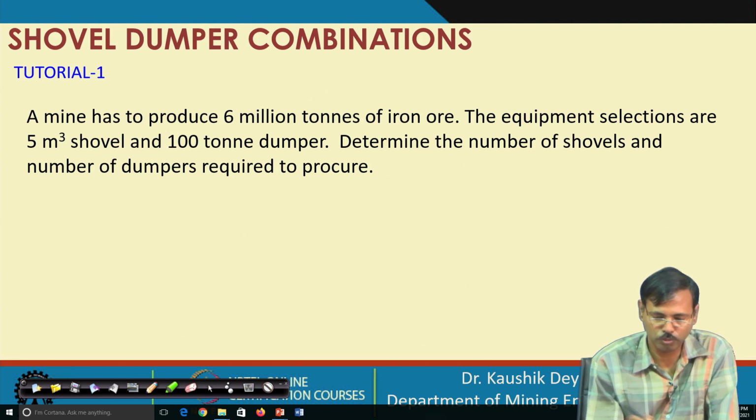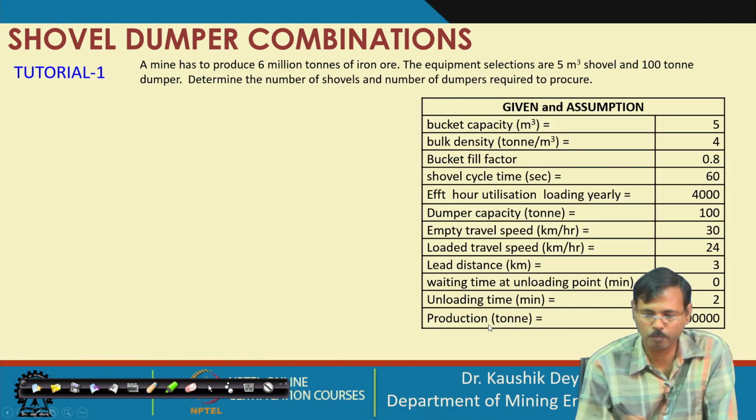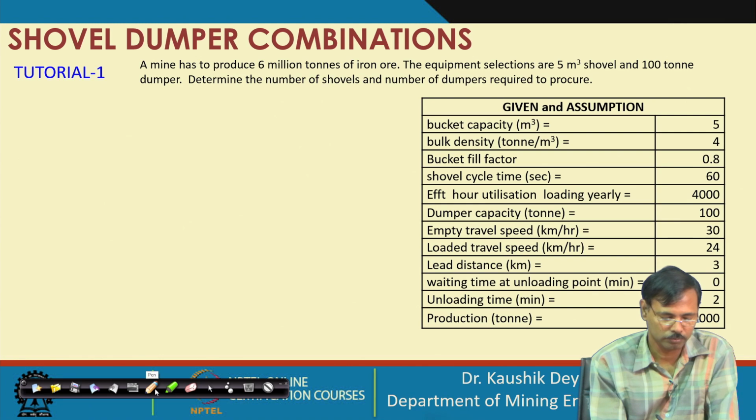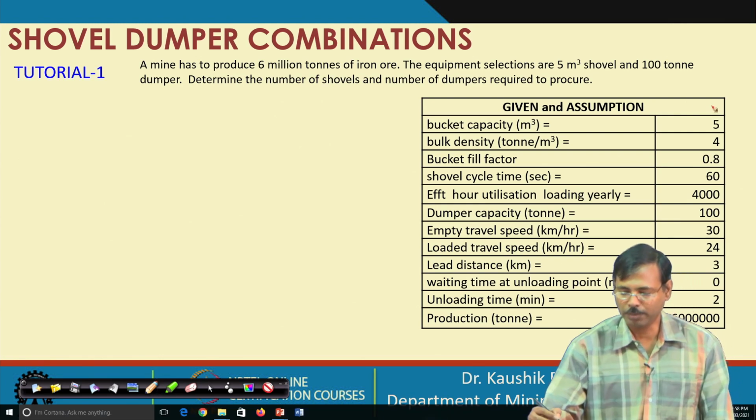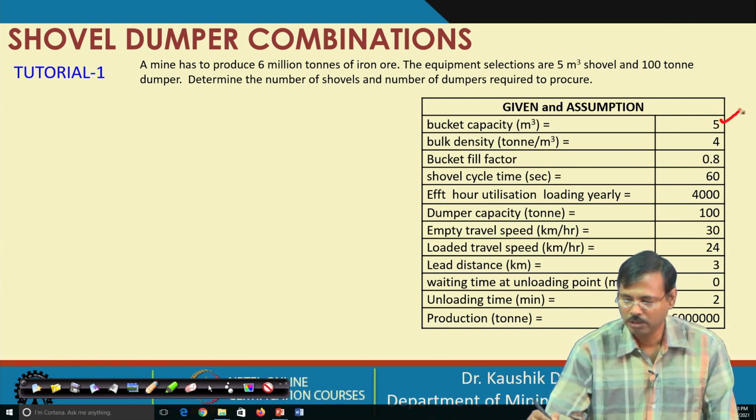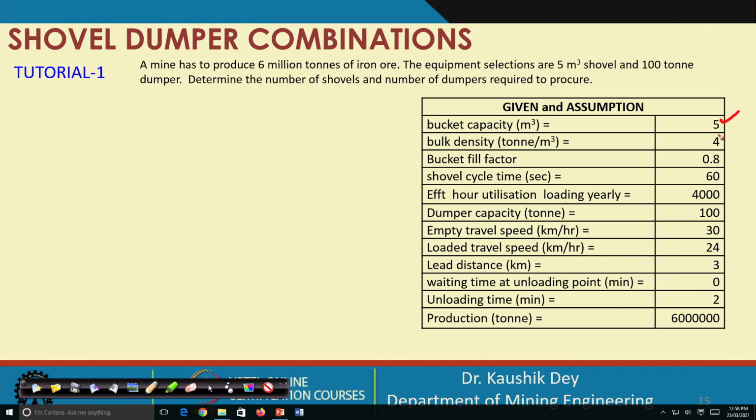Now, let us look at what our assumptions are. We are assuming the bucket capacity is 5 meter cube. We are assuming the bulk density is 4 for the iron ore. Bucket fill factor we have assumed 0.8. We are assuming shovel cycle time is 1 minute.